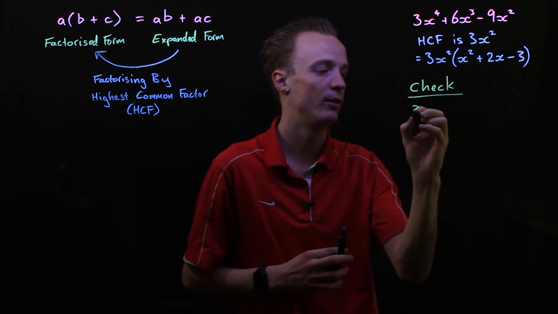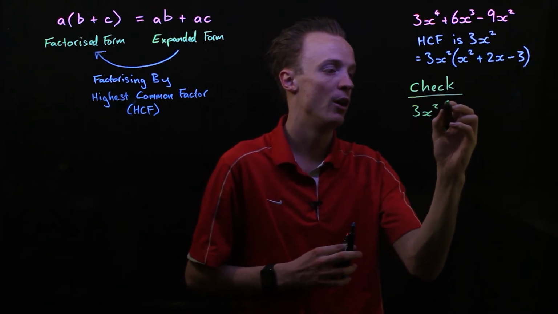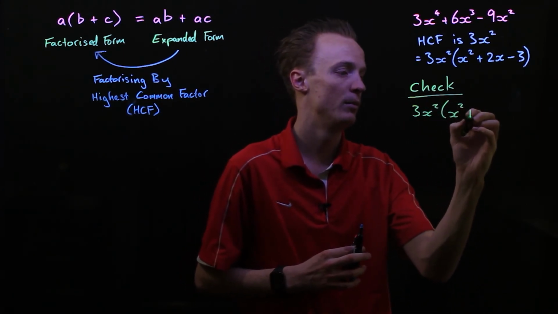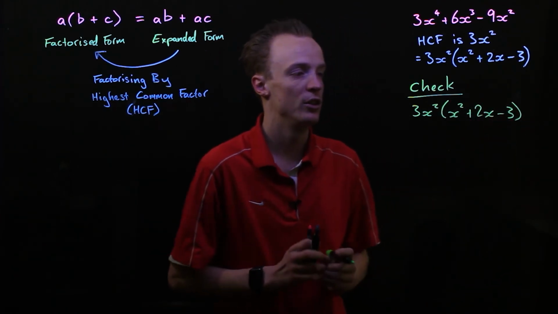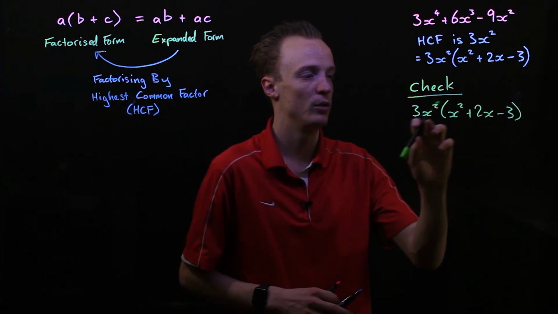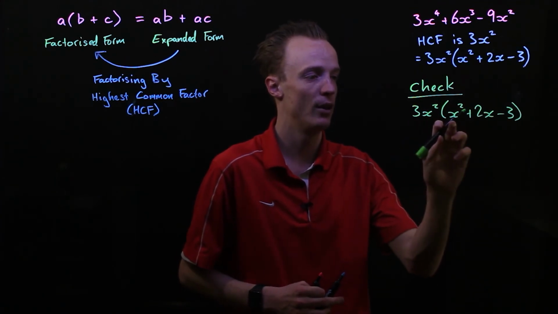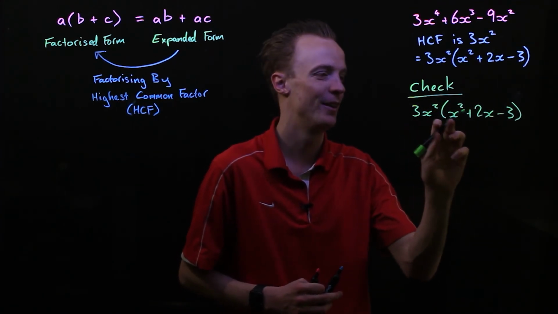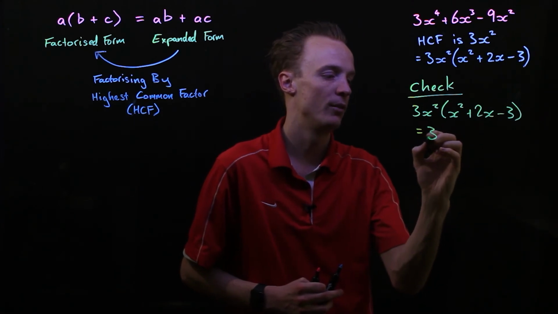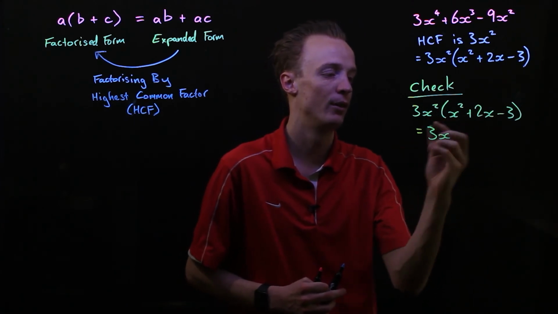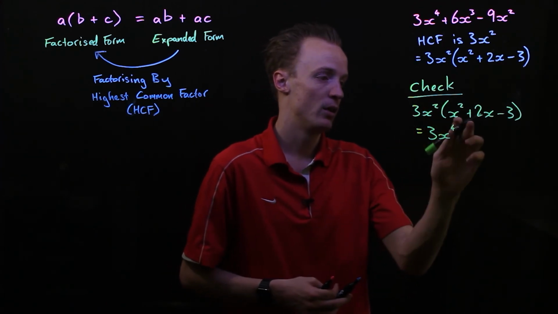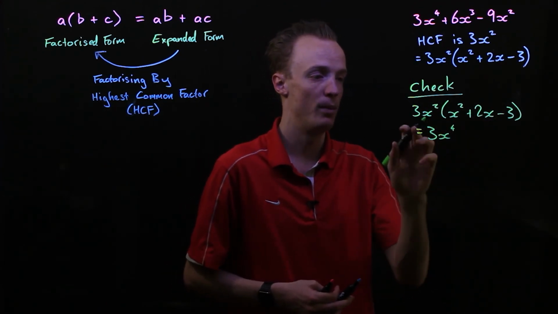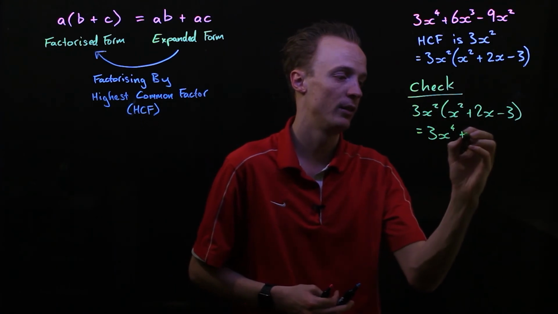So if I had 3x squared, opening up a bracket, x squared plus 2x, take 3. What I can do here is use the distributive law and multiply this out. So 3x squared times x squared will be 3x, and we're adding the powers this time, so 3x to the power of 4. 3x squared times 2x will be 3 times 2, which is 6.